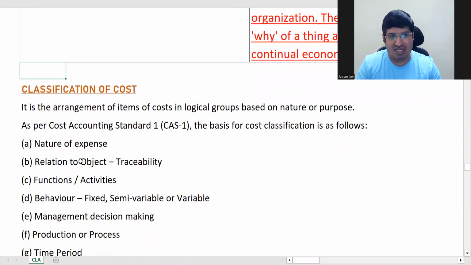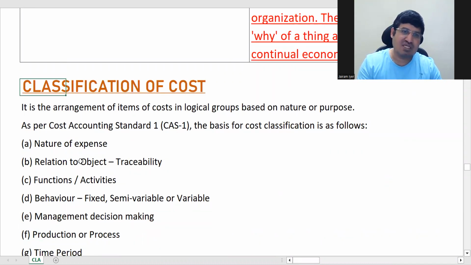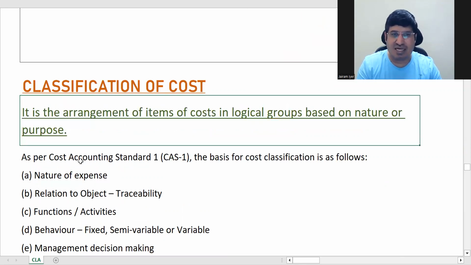Now, the next part we are coming to is classification of cost: how to classify cost in various ways. It is the arrangement of items of cost in logical groups based on nature or purpose. You pick one base, and based on that you classify the cost.